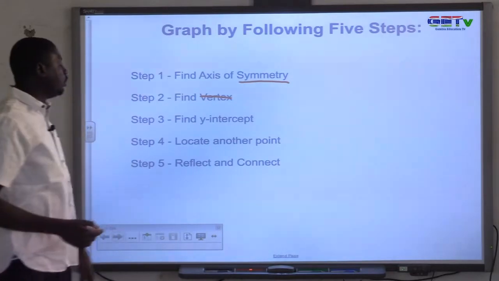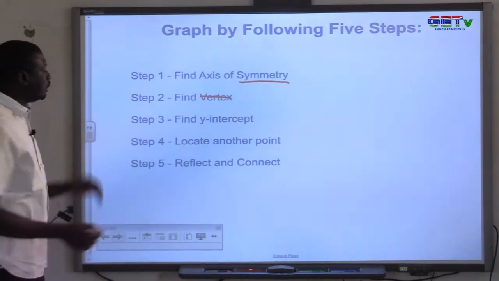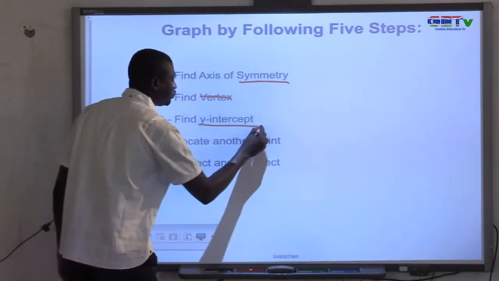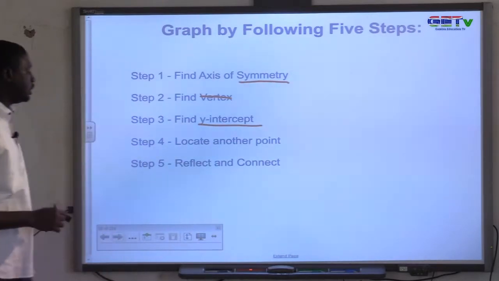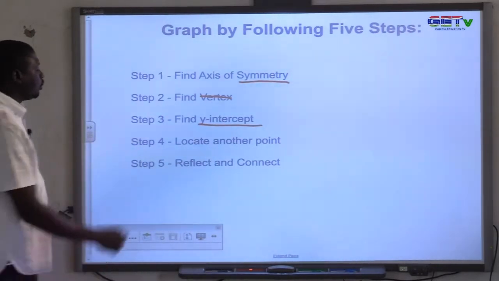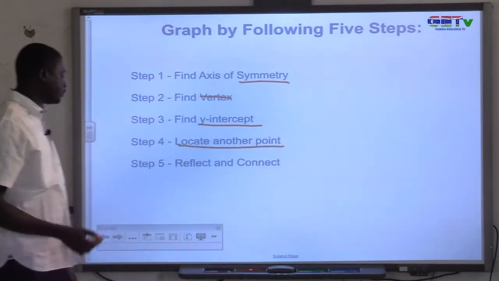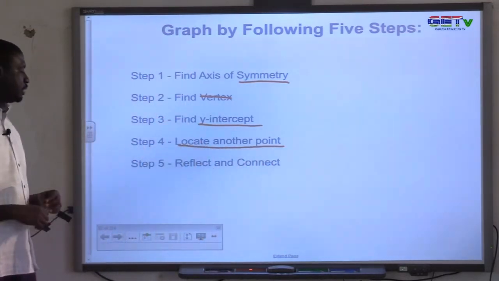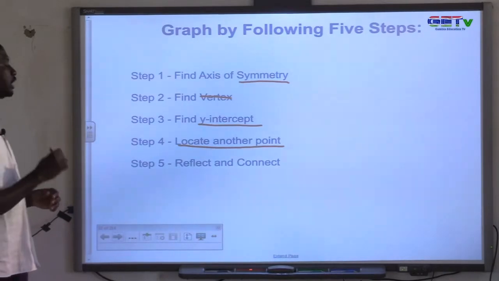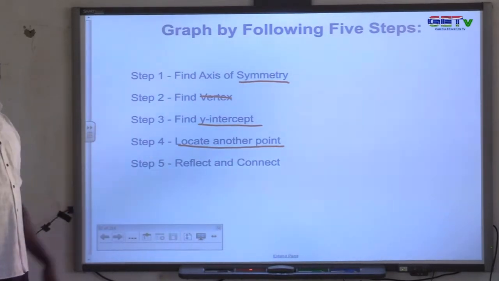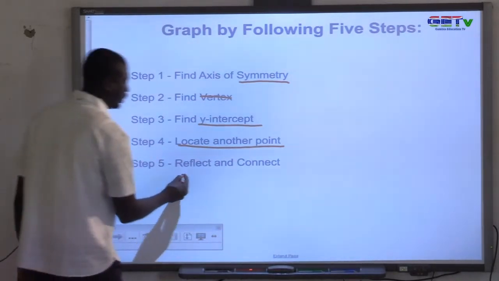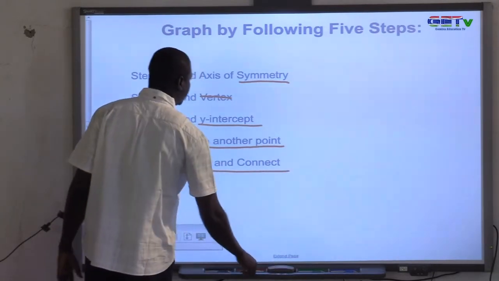Step 3, we are going to solve for the y-intercept, to identify the y-intercept. Step 4, going to locate another 2 points, or another point at least. And the last step, step 5, we are going to reflect and connect to get the quadratic curve. That's the last step. So the 5 steps are here.